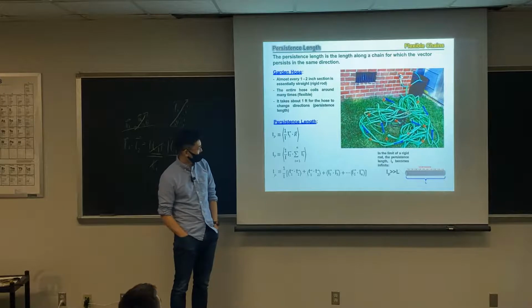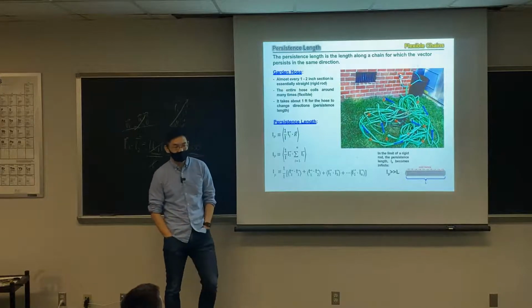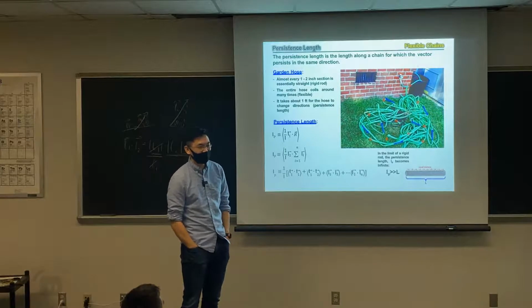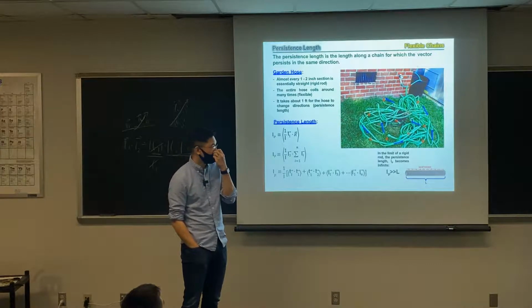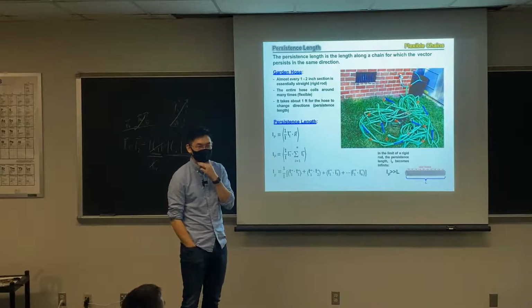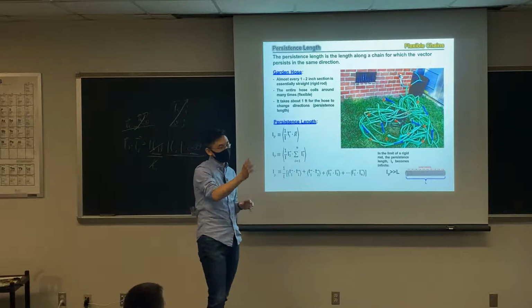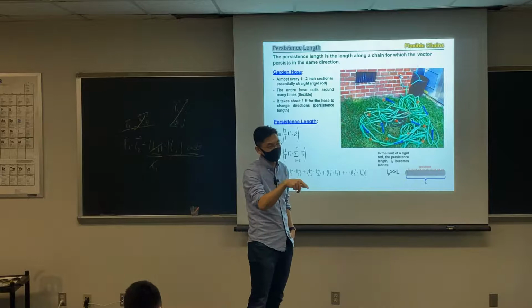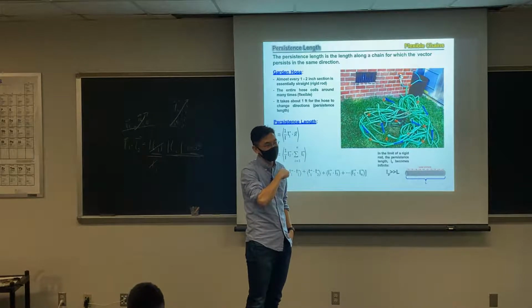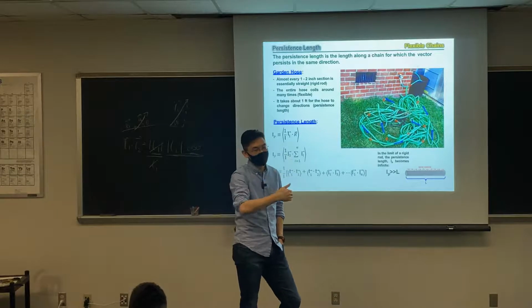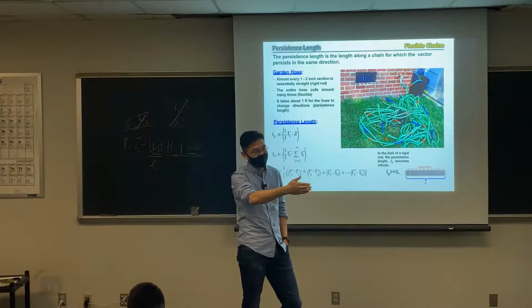So for a freely jointed chain, what is LP? The freely jointed chain is the simplest case. It basically says there is no limitation on the bond angles. So your persistence length, or your chain's directionality, will be lost just after one bond.